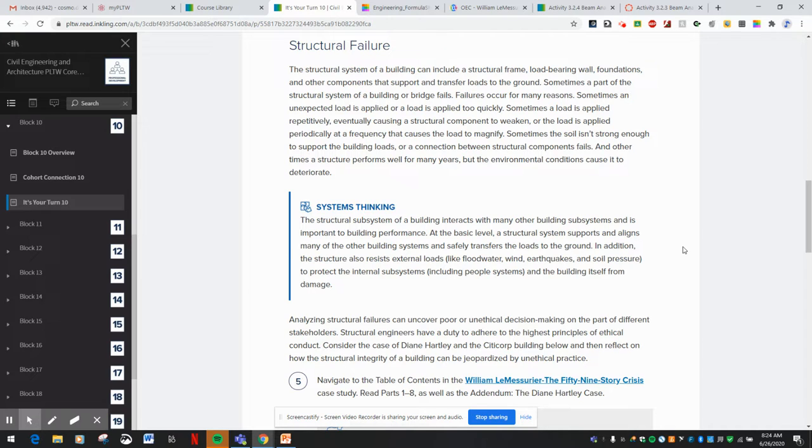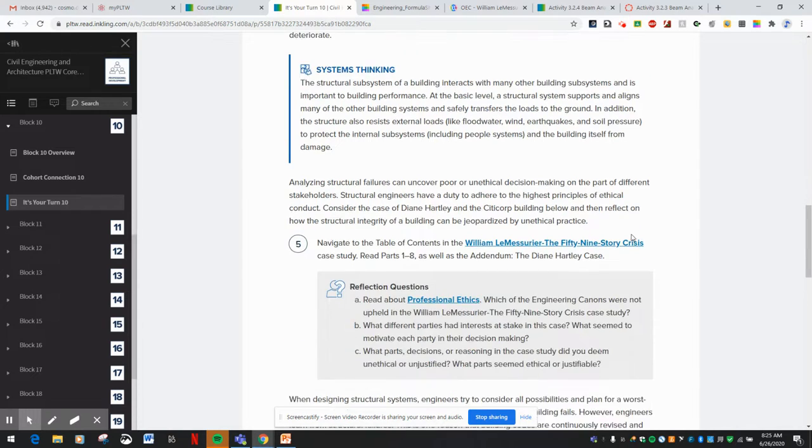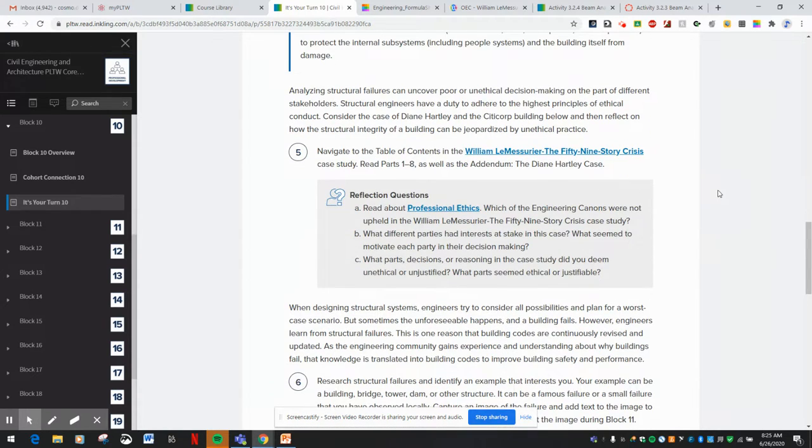We need to understand why those things happen, and we need to understand if they happen because of neglect or unethical situations, and so we need to look at that. Here it says, analyzing structural failures can uncover poor or unethical decision making on the part of each stakeholder, and structural engineers have a duty to adhere to the highest principles, and that's a fact.